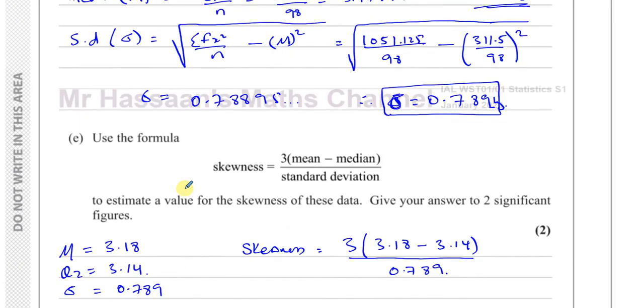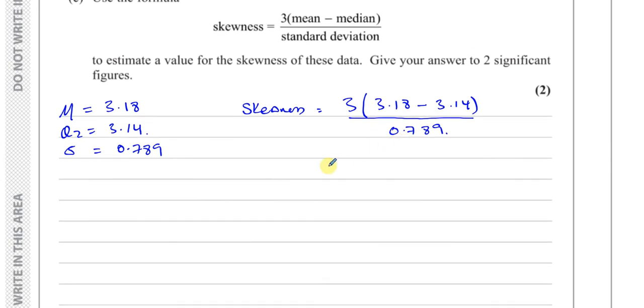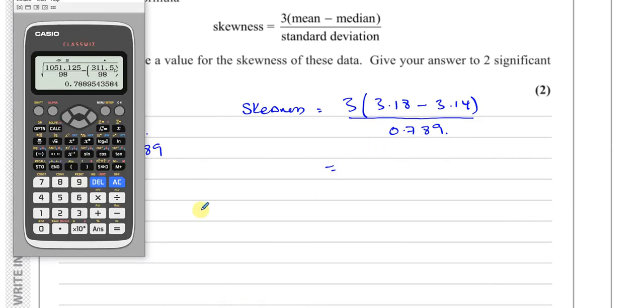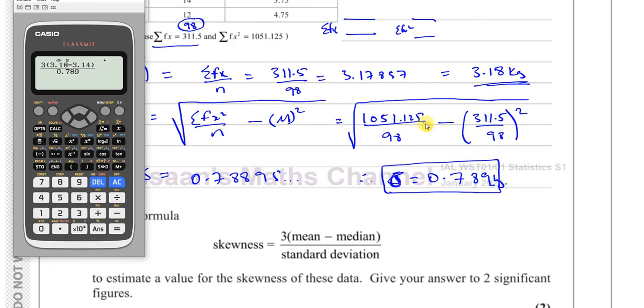Okay, so now we can calculate the skewness. According to this criteria, the skewness is going to be 3 times 3.18 minus 3.14, divided by 0.789. Okay, just make sure we get it right there.